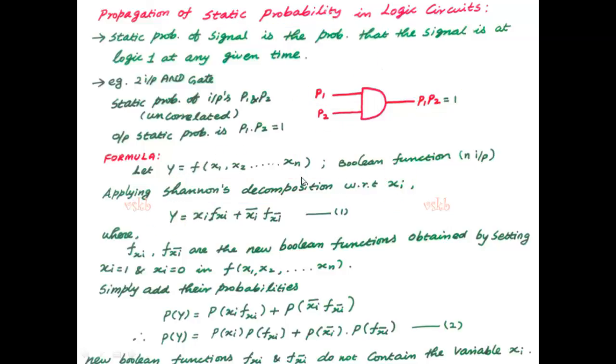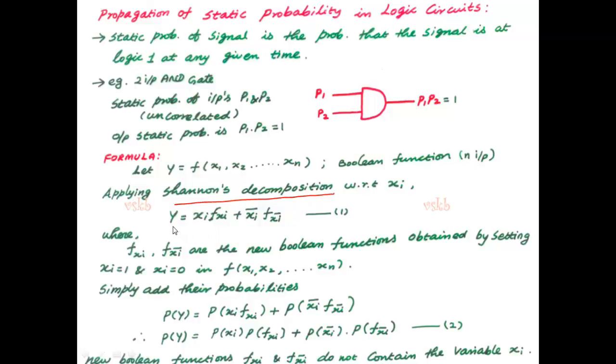That means the influence of a particular input xi being at a 1 or at a 0 on the output. This output is determined by the input bits, and how exactly each bit is influencing y is what we find out from Shannon's decomposition. It rather helps us very nicely.